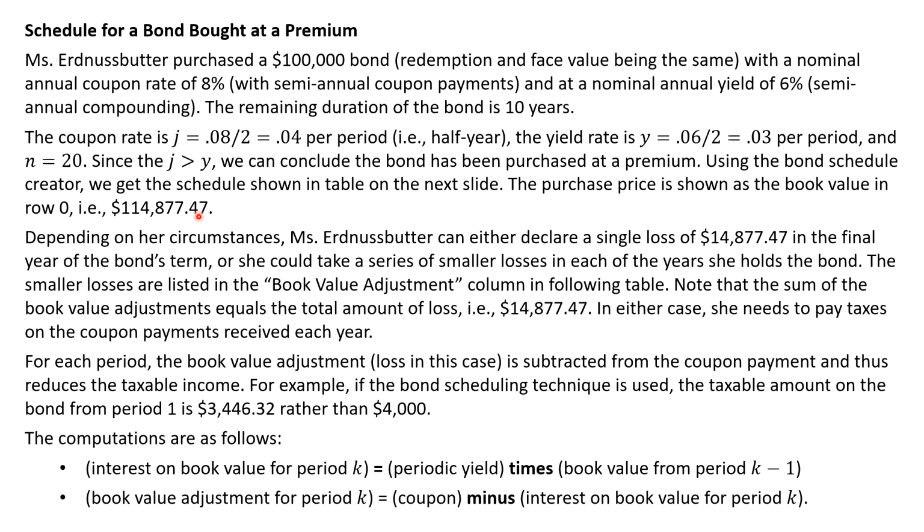Could be 11 years if the first semi-annual payment was in the second half of a year, and then you would cover 11 years in that case. But she can distribute the loss over the 10 or 11 years, or again, depending on tax laws, she could just take the almost $15,000 loss at the very end, that final year where the bond becomes over with. So I'll show you that on the next slide.